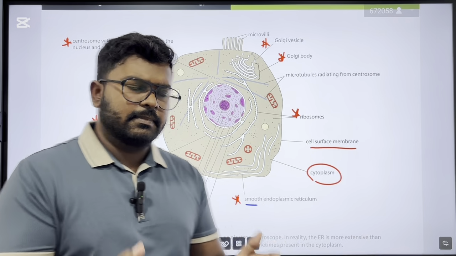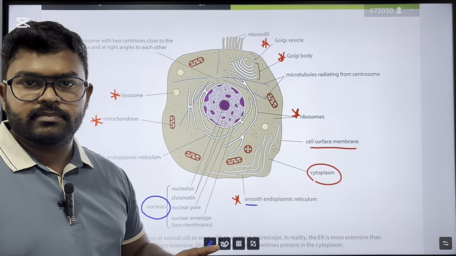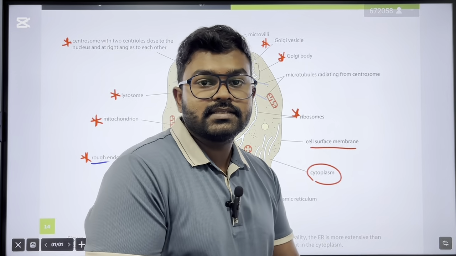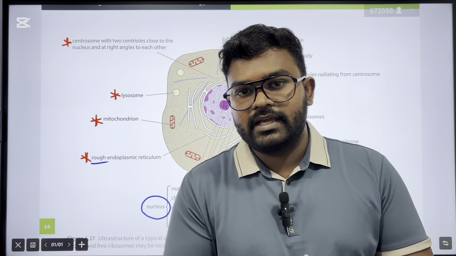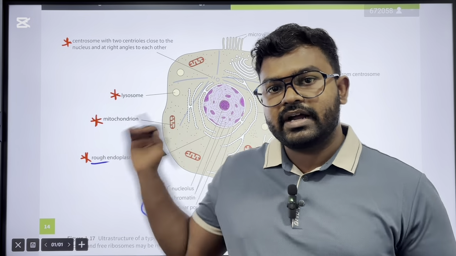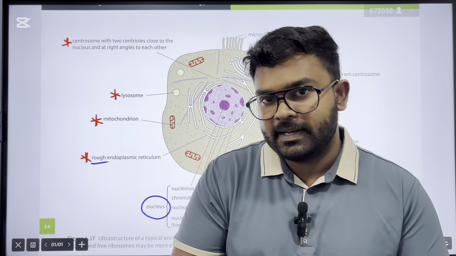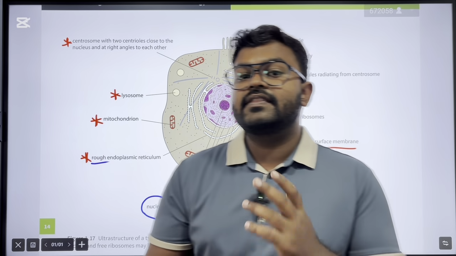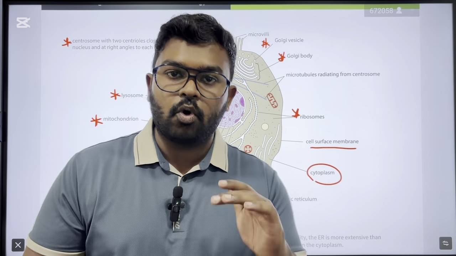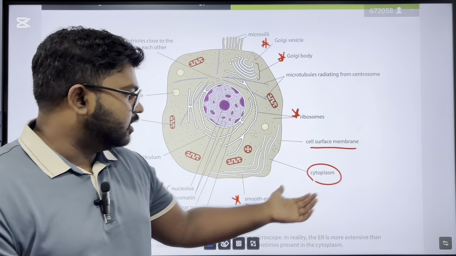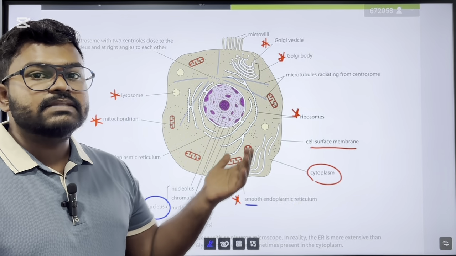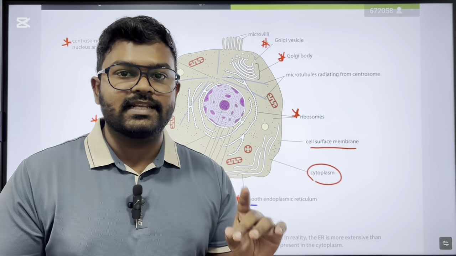What is the function of cytoplasm? There are various metabolic and biochemical reactions occurring within the cell. The cytoplasm is the medium in which all of these biochemical reactions occur within a cell.